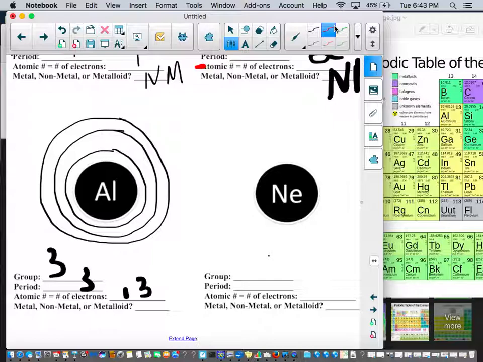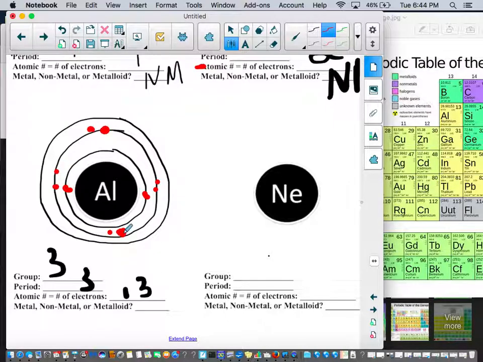Okay, now let's start with the electrons. It has 13 total electrons. 1, 2. Only 2 are allowed on that first shell. How many are allowed on the second shell? 8. So that's 3, 4, 5, 6, 7, 8, 9, 10.